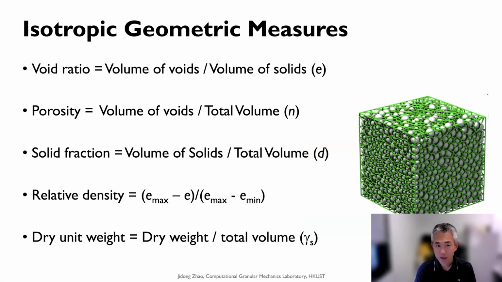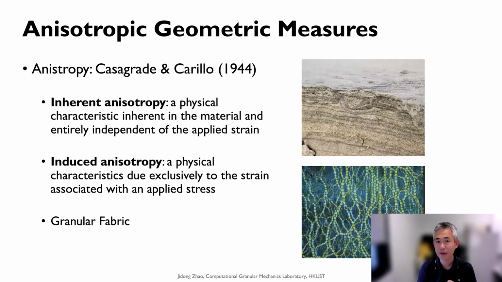That is the isotropic geometric measures, and then we could also define some anisotropic geometric measures. Indeed, this word anisotropy is a very important characteristic of granular media. Back in 1984, Casagrande and Carillo divided the anisotropy into two different sources. One is called inherent anisotropy, which you can see on the right here.